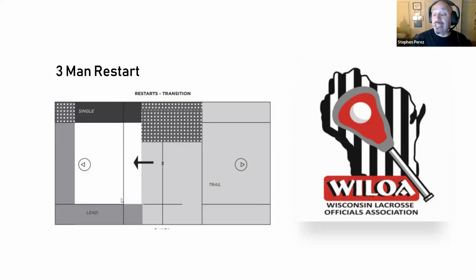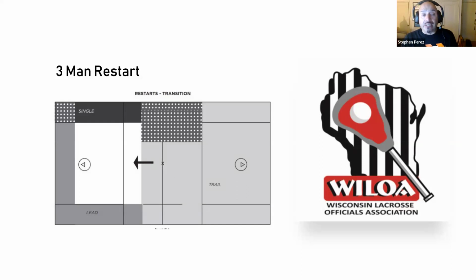If the ball's in the box over here, I would expect the trail to take it all the way to the 30 on this side of the field. And if it's on the other side of the field below the 30s, I expect the single side to take it. But again, that's a crew communication pregame conversation. Who's going to have the restarts?